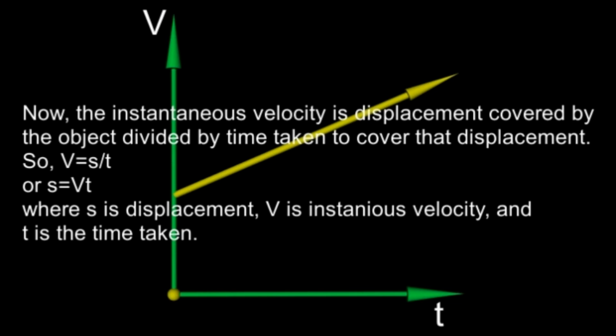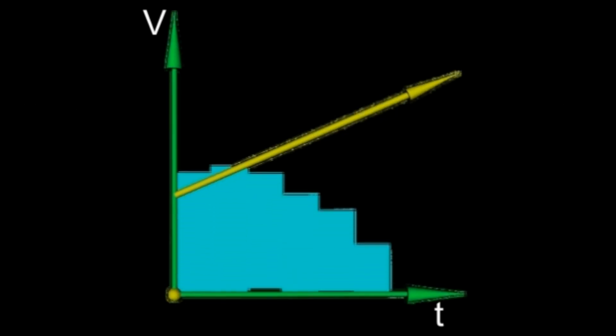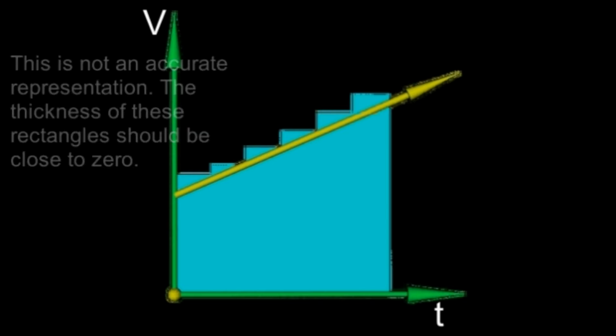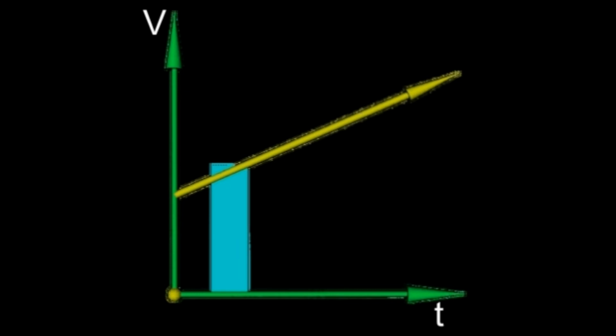So we can imagine this graph to be made up of very thin rectangles. These rectangles are actually very thin, but I will draw them thick so that we can see all their parts. Now let us focus on one of these rectangles.